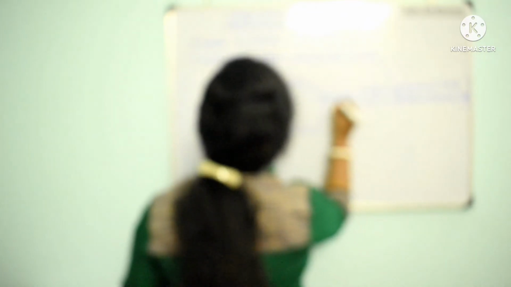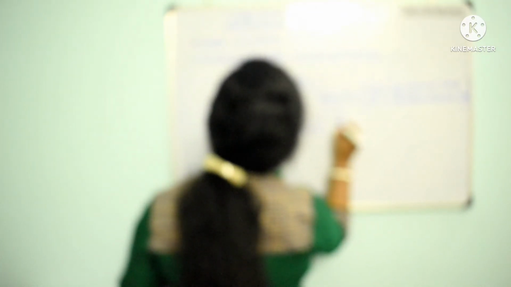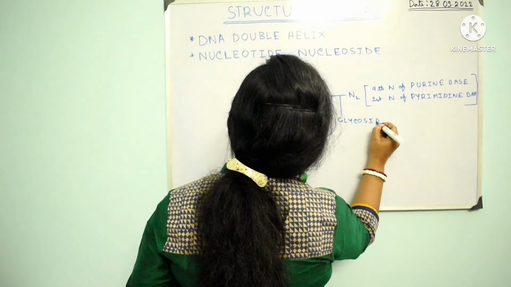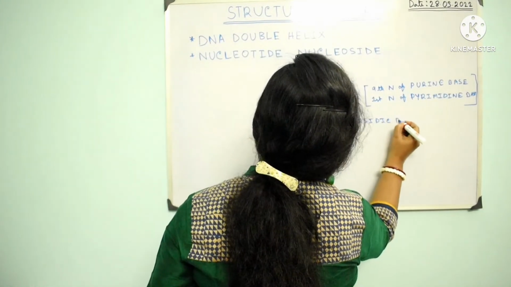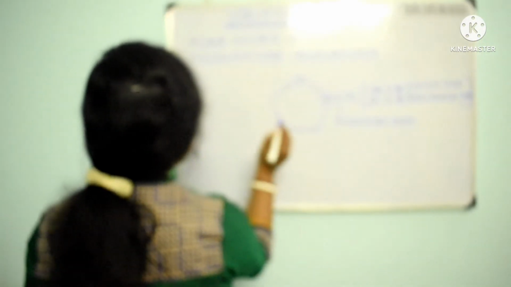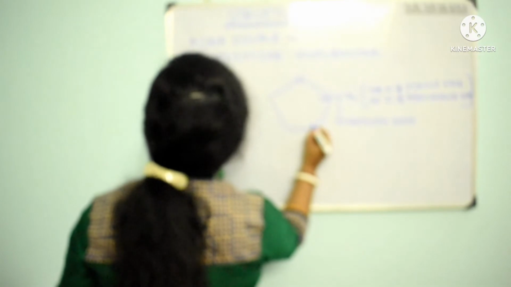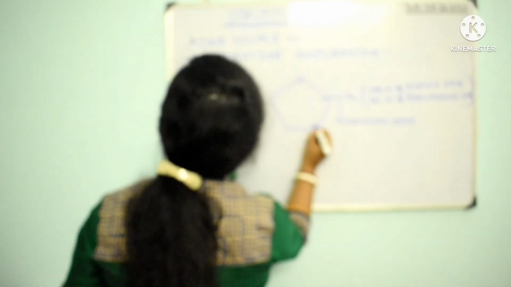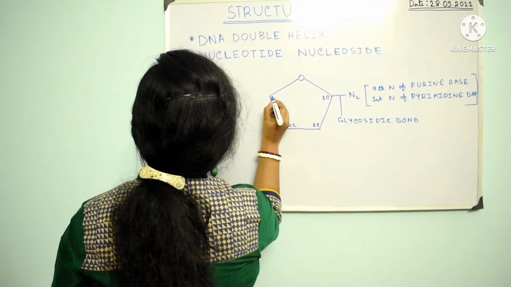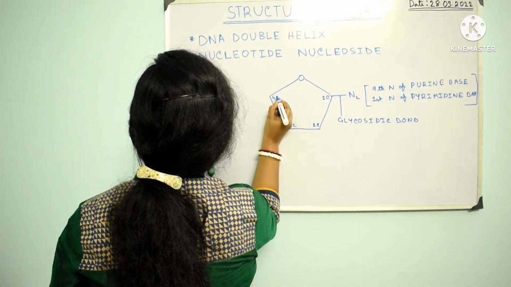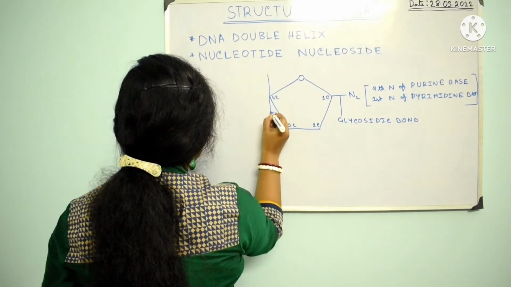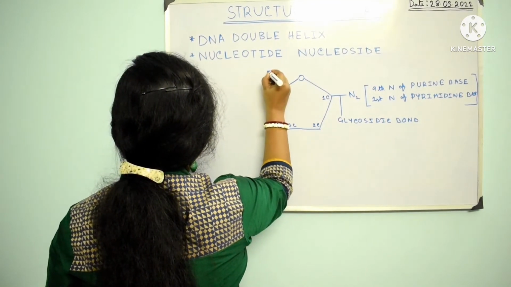Here the bond is known as glycosidic bond, and the phosphate group will be attached here. 2 carbon, 3 carbon, 4th carbon and 5th carbon is here.